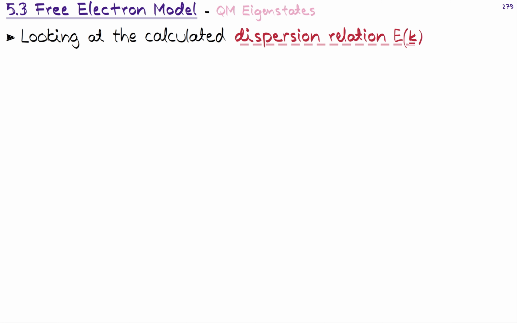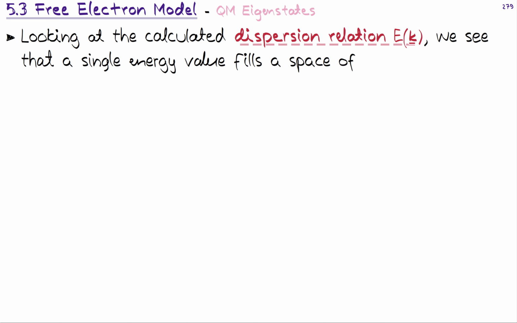And now we have essentially the dispersion relation. So we have the energies E described as a function of our wave vector k, so essentially as a function of nx, ny, and nz. Let's now estimate how densely they are populated in k space, so how close by the different energy states are.